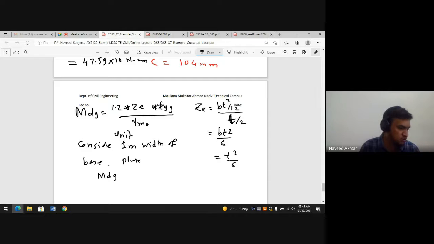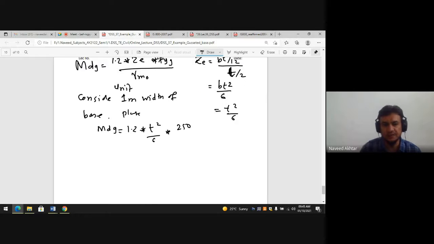So Mdg is equal to 1.2 into Ze, T square by 6, into Fyg, which is 250. T is nothing but the thickness, which you have to find out. If you equate the moment, Mxx is equal to Mdg, and Mdg is nothing but 1.2 times T square by 6 into 250.